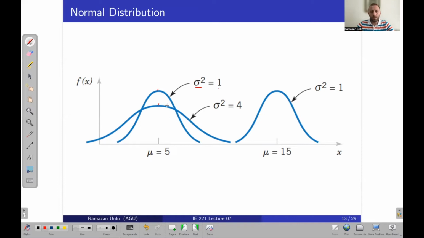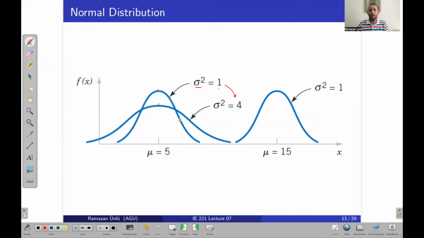If you notice, increasing the variance will cause a more spread-out shape. It will spread through the wings, to the right and left side, but decreasing it will give you a much narrower shape. We expect that, because remember that the variance is how much a value varies from the mean, how far the points are from the mean.